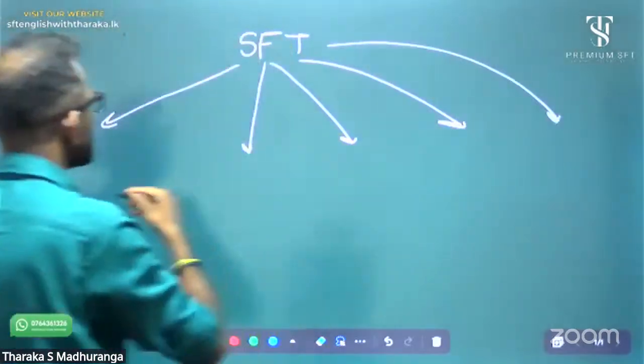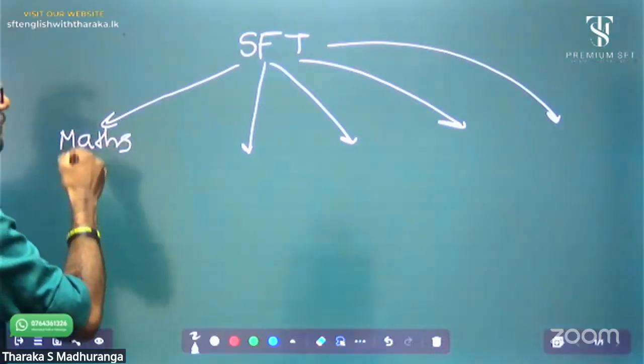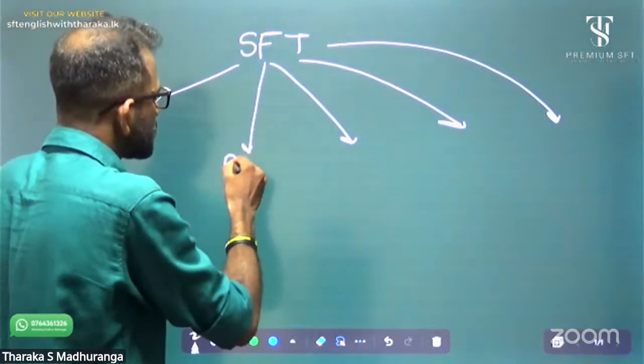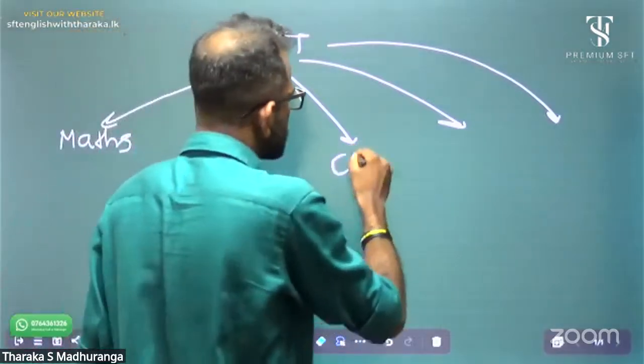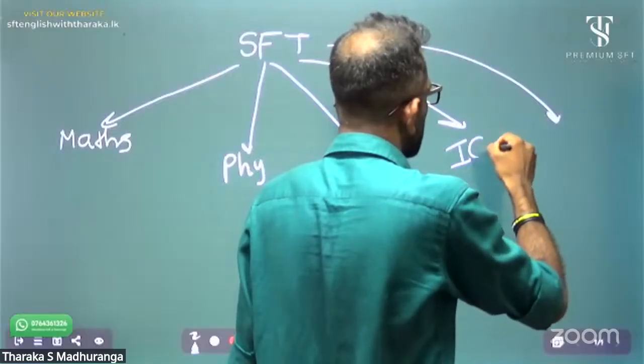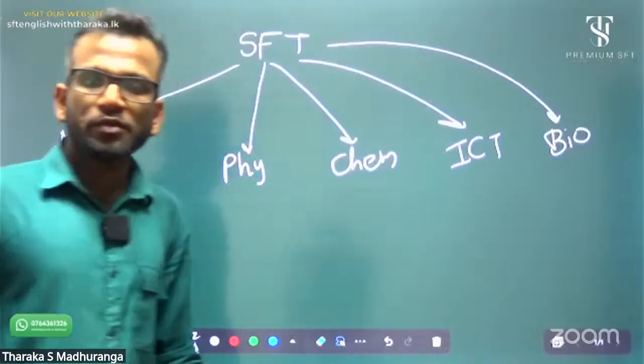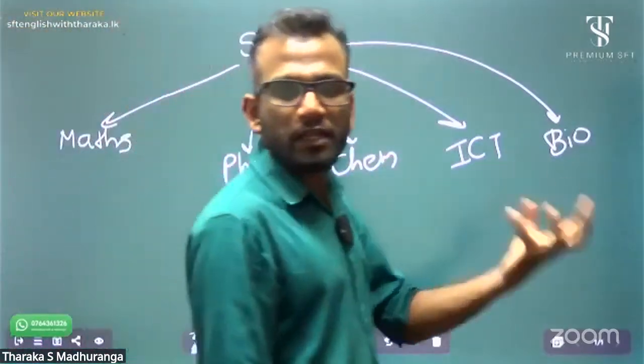The first one is mathematics, the second is physics, the third is chemistry, the fourth is ICT, and the final one is biology.